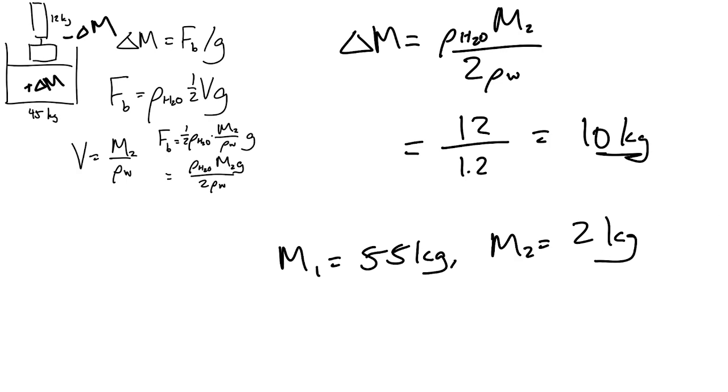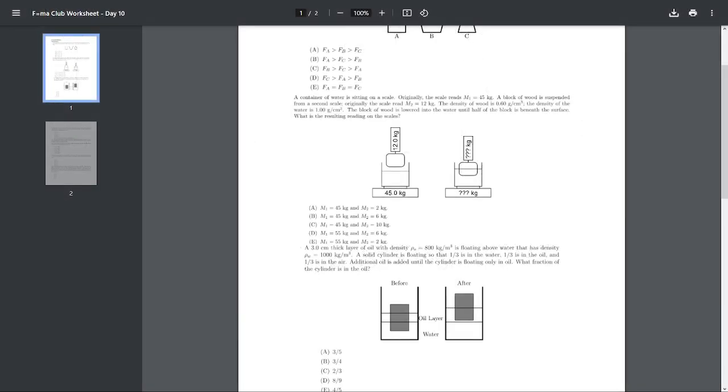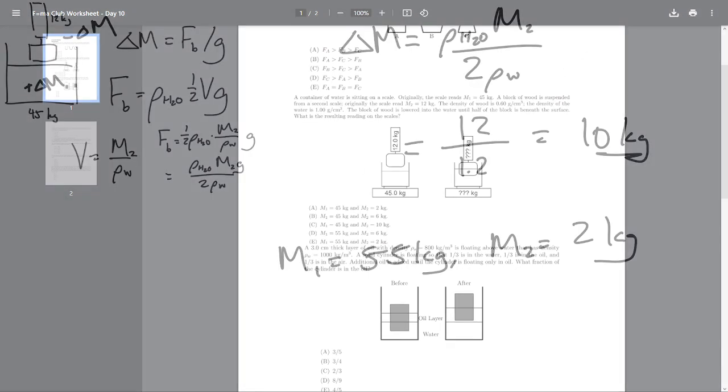And if we look back at our worksheet, that's going to give us answer choice... did I do this wrong? Yeah, answer choice E. Answer choice E. Right. Let me double check. My broken answer key says something else.